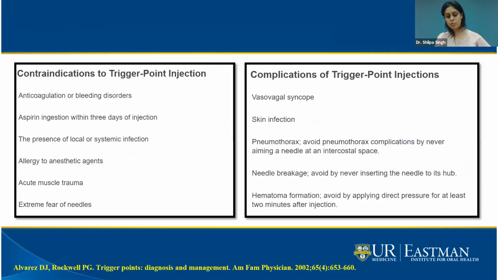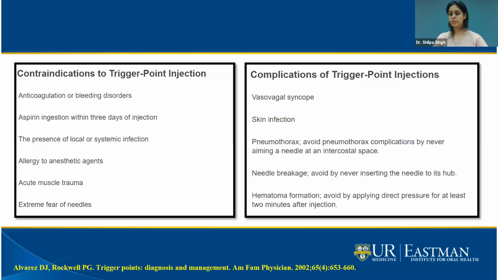When we are doing trigger points, it is very, very important that with any injection or any intervention, we know the contraindications and the complications. In trigger points, overall, we should know whether the patient is on any anticoagulants or blood thinners. If there is any swelling in that area, please, please, please do not go ahead and do the trigger point.